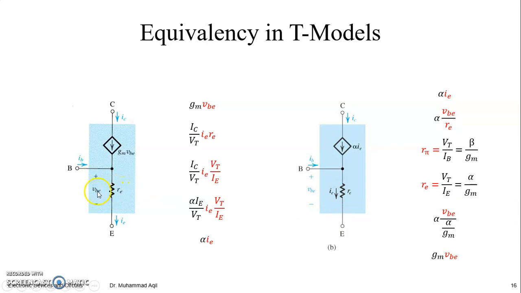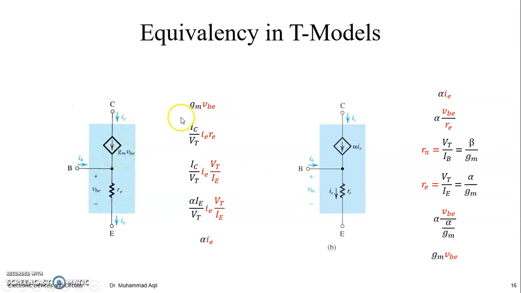So IE is equal to VBE upon RE. So IE, VBE and RE have an Ohm's relation. So when you have VBE, multiply it with GM to get collector current. When you have IE through this resistance, just multiply with alpha to get collector current. So this and this parameter are the same. That's what I proved for you.